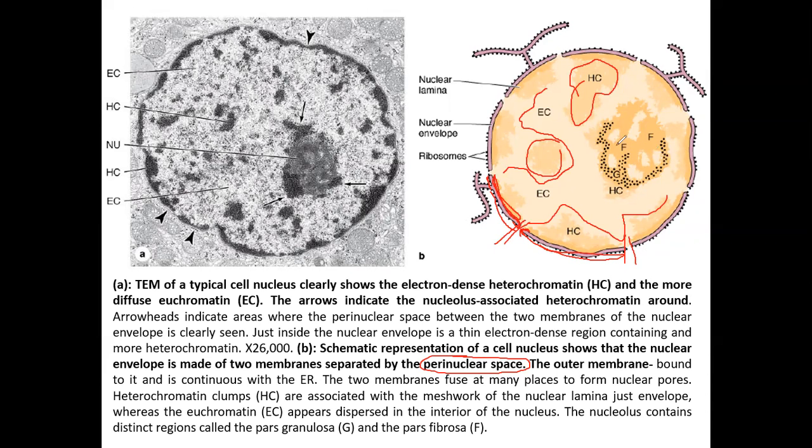We can also see here the presence of your nucleolus. This area here has the following components. The more dense area is the pars granulosa, which is described as granular. And this one is fibrillar, or fibrous.